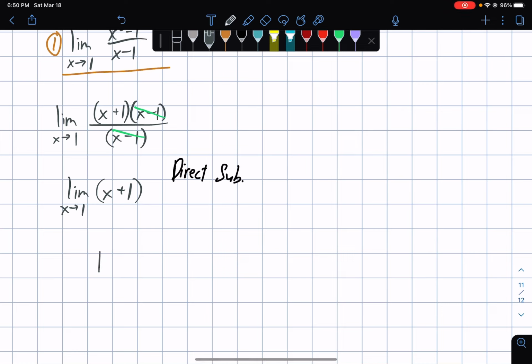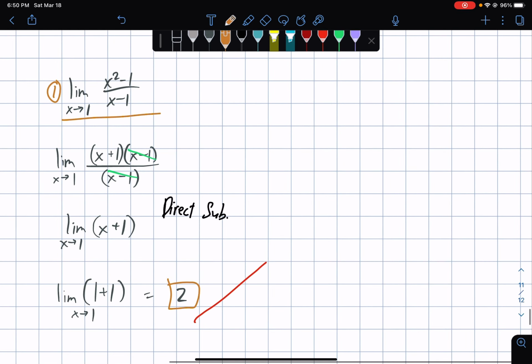So we have 1 plus 1, that is 2. I think this is the answer. Let's check using Photomath. Yeah, the answer is 2. Right, let's move on with number 2. Last question.